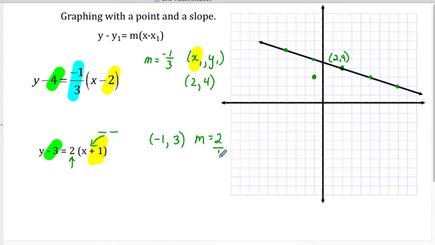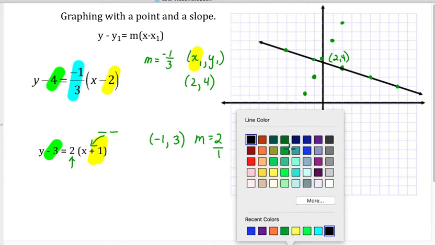Sometimes it's helpful to write these as a fraction still, right? A whole number as a fraction is 2 over 1. So I'm going to go up 2 over 1, up 2 over 1. Okay. And let's take a look at where that line's going to go.